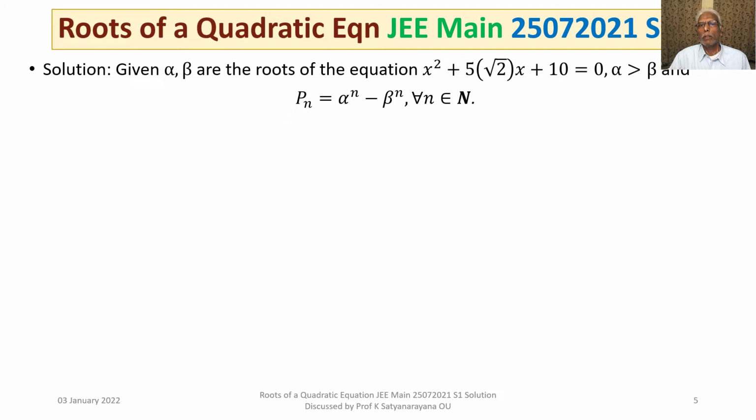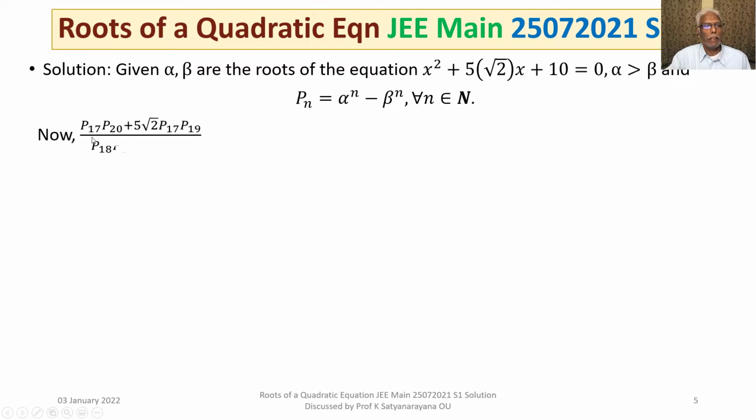First of all, we note down that alpha and beta are not 0. Had they been 0, then there would have been no constant term in the quadratic equation. Therefore, neither of alpha, beta is 0.